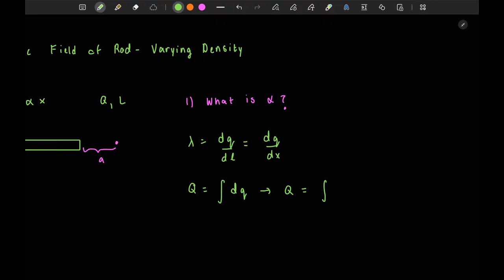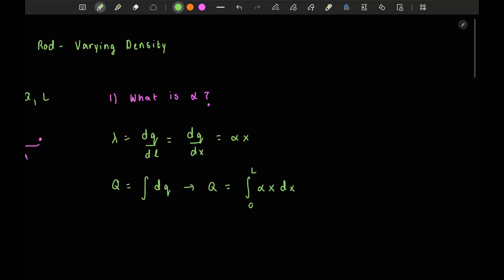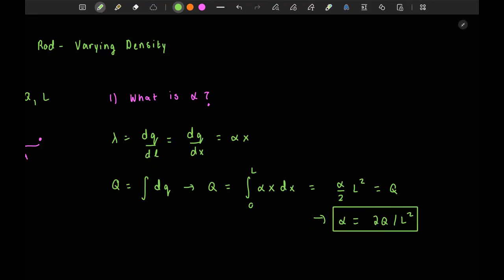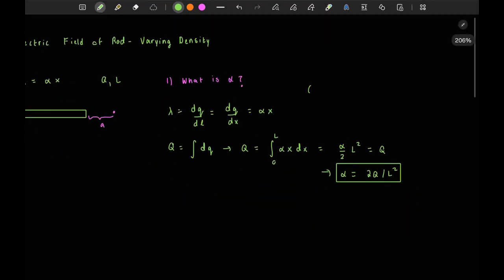Remember that our particular value for lambda in this problem was given as alpha x, and therefore capital Q must equal the integral of alpha x dx, integrating along our rod from 0 to L. Going ahead and integrating that, we get alpha over 2 L squared must equal Q. And therefore we can say alpha is equal to 2Q over L squared. Good. So we call this process, for your reference, charge normalization.